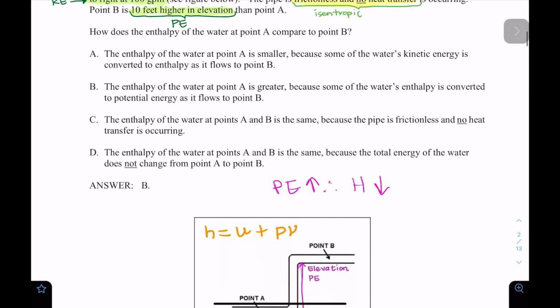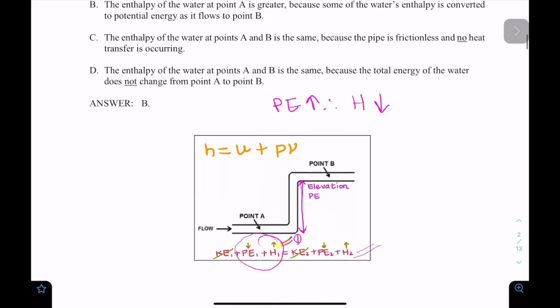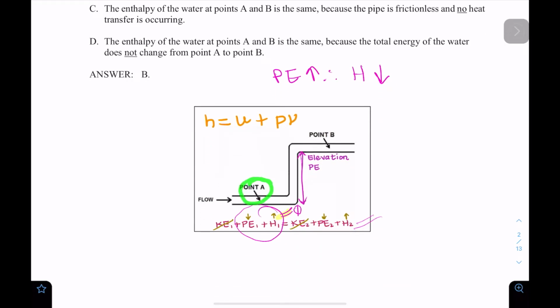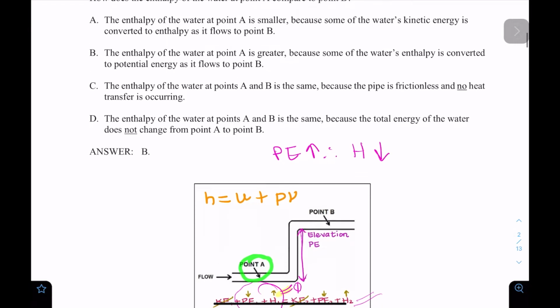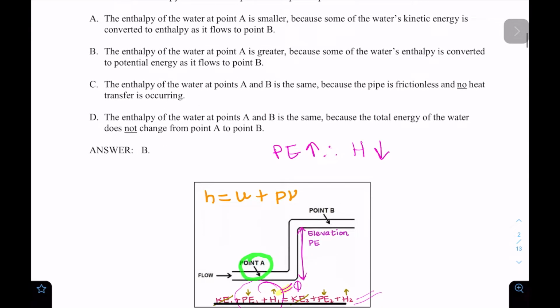So he's asking us, how does the enthalpy of the water from point A to point B compare? In the first one, he's telling us that the enthalpy of the water at point A is smaller because some of the water's kinetic energy is converted to enthalpy as it flows to point B. We are not converting kinetic energy at all in here, so that's not going to be our answer.